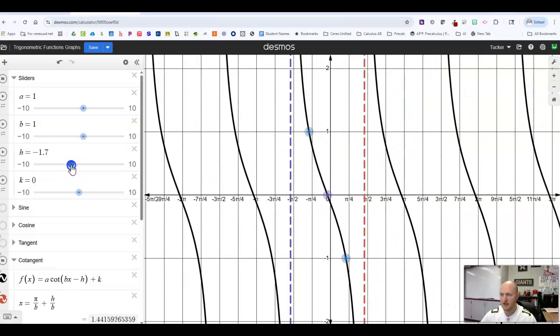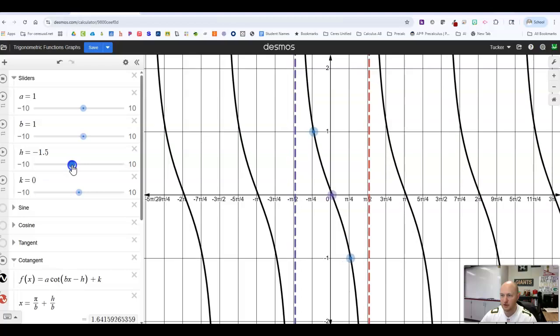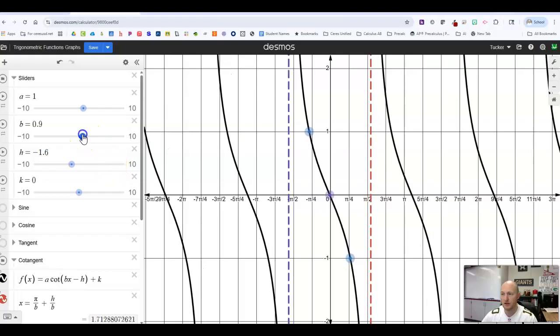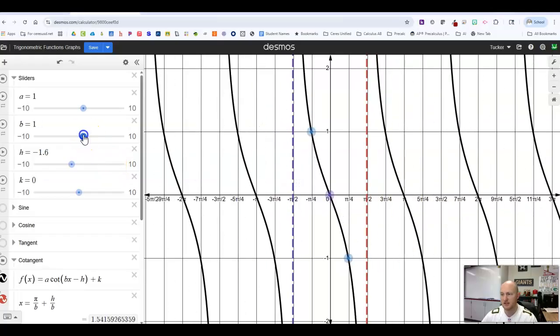Let's say negative pi halves right there. And then I'm going to turn on a phase shift. I want you to watch what happens, this should stay put. Oh no, it's not staying put. I think I have it done wrong. It should stay put, and then this will stretch out.